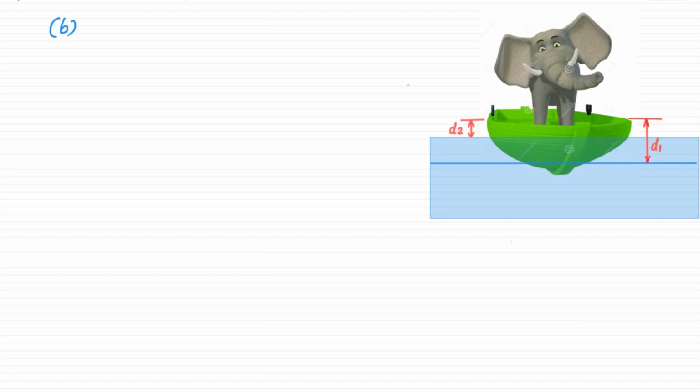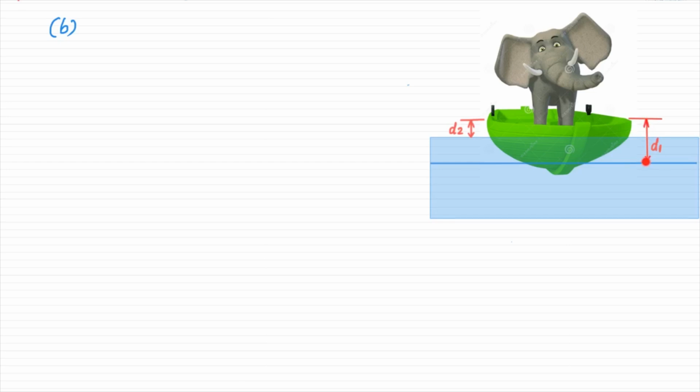Now we bring this elephant into the boat. So obviously the boat will sink inside, and suppose this is the final situation. This is the water level now, and the boat is sunk inside, and so d2 is the height of the boat outside the water.